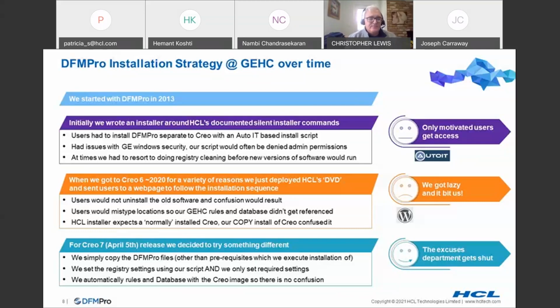But the point was, we started out like that, and then in 2020 with our Creo 6 release, sad to say, we got a bit lazy and we went back to what might be a normal process for someone, which is take the DVDs, put them on a website, provide a document that says this is how you install it, and go do it.